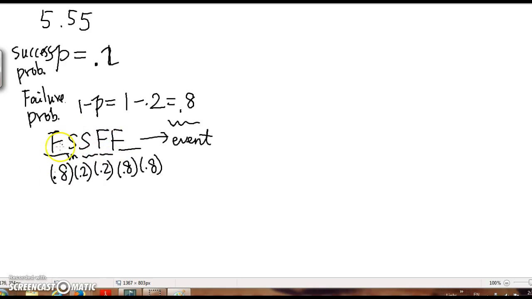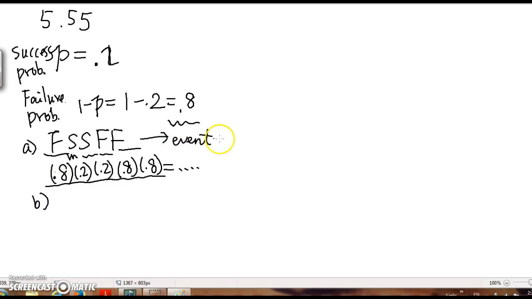For this specific event, the probability is multiplying the probability of each single simple event, and we get the answer. Okay, so you can use a calculator to find the answer. I'll skip that. And that's part A. So you can follow this example to do that question.